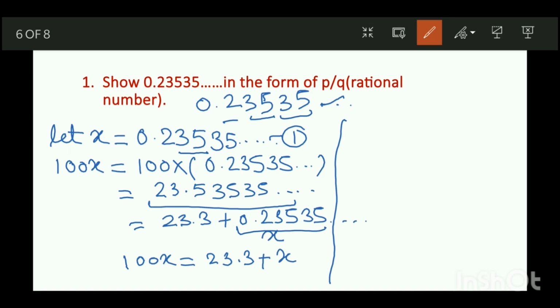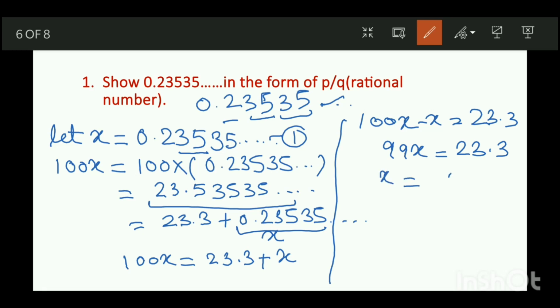Now we will solve this. Taking x to the left side, we will get 99x is equal to 23.3. So x is equal to 23.3 by 99, and when we remove this decimal point, we will put 0 in the denominator.